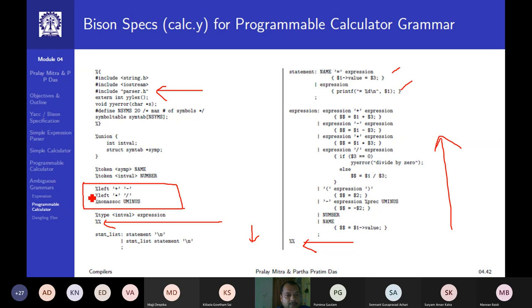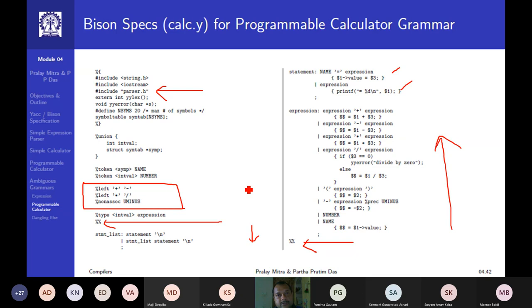Now the percent left here indicates that addition and subtraction both are left associative, and so are multiplication and division, and for the unary minus there is no associativity attached. So I am coding that in my Bison program.